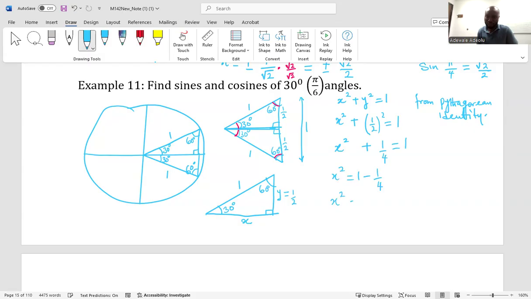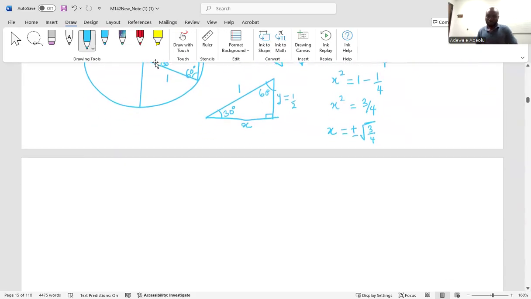Collecting like terms, x squared is 3 over 4, if you subtract this fraction. And then we can take the square root on both sides. So x equals plus or minus the square root of 3 over 4. With that, we have that x equals root 3 over 2.